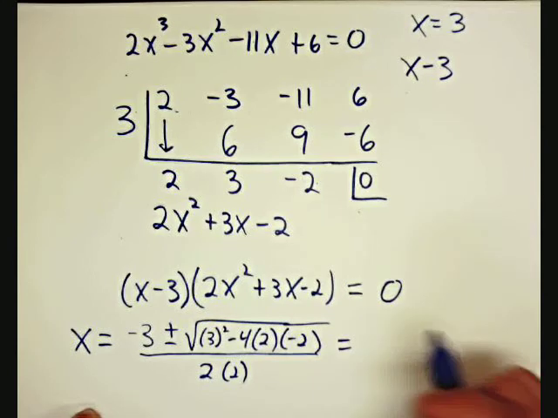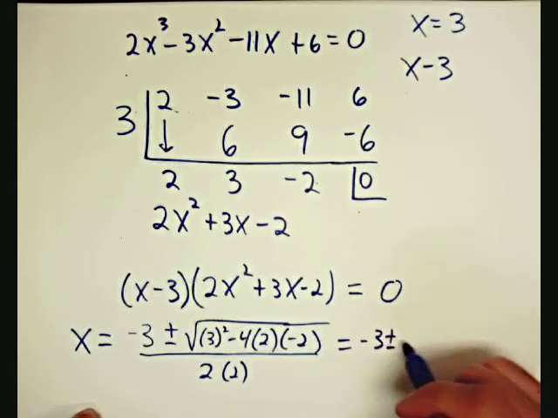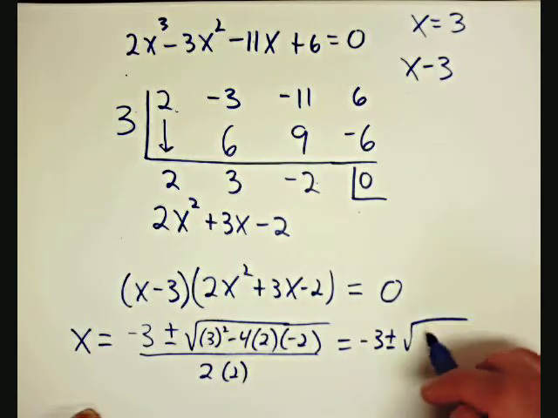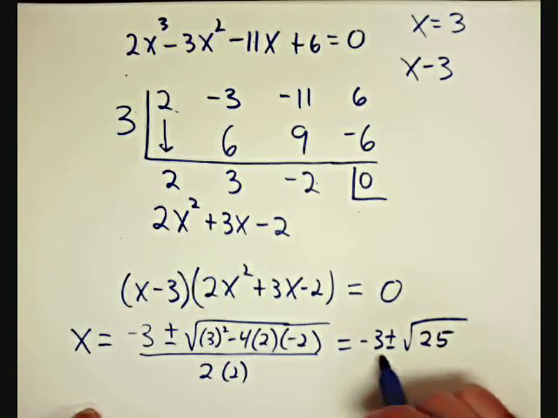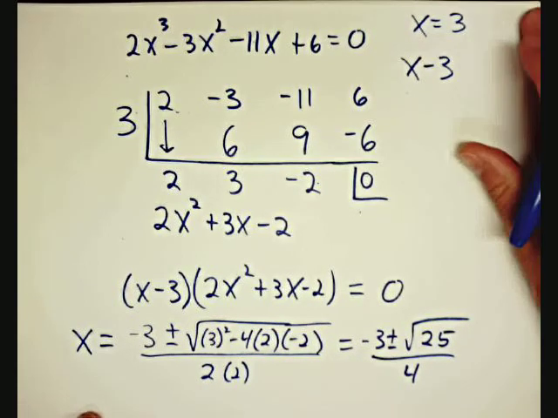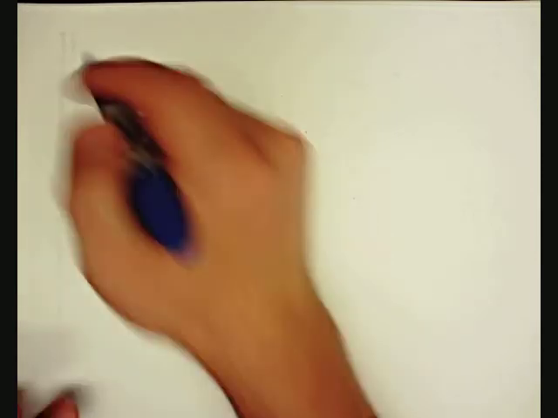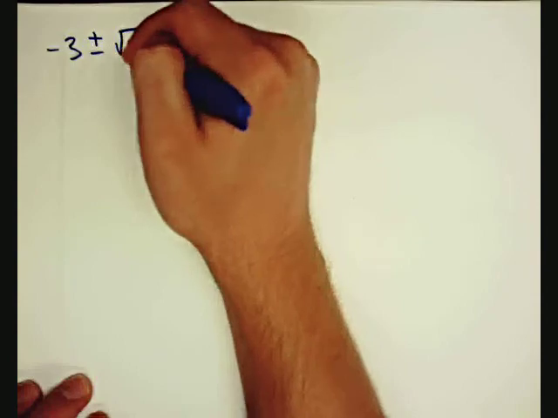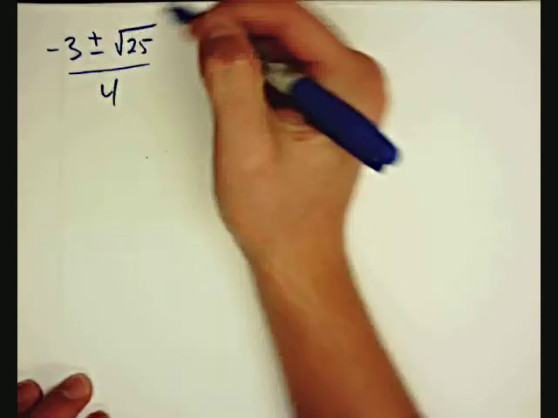Underneath the square root, we will have 9 plus 16 is 25, all over 4. And 25 is a perfect square, so we'll get 2 nice integer answers, or possibly nice fractions.